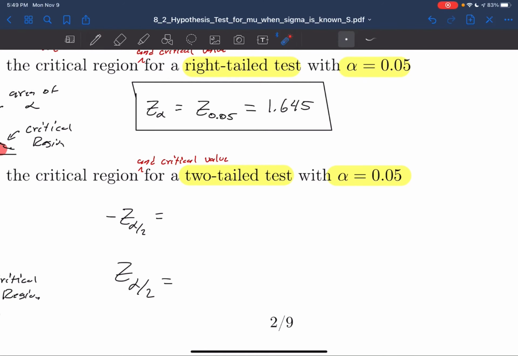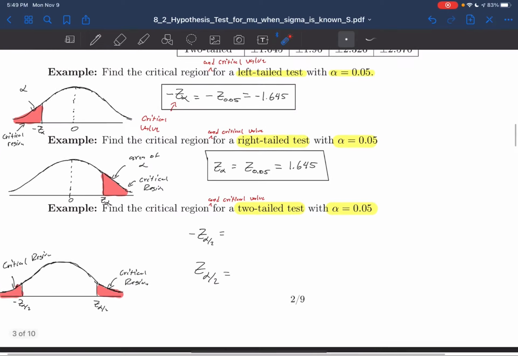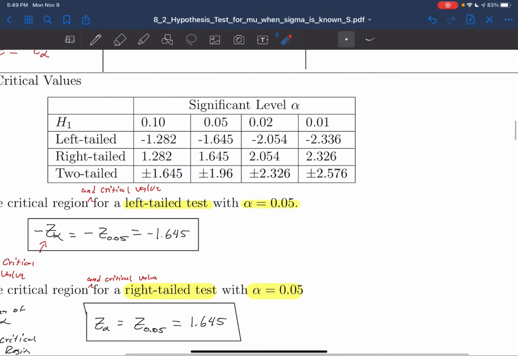since we know we're dealing with a two-tail test and we know our significant level is 0.05, we could look at the chart. So here we have a significant level of 0.05. And we have a two-tail test. So our critical value would be plus or minus 1.96.